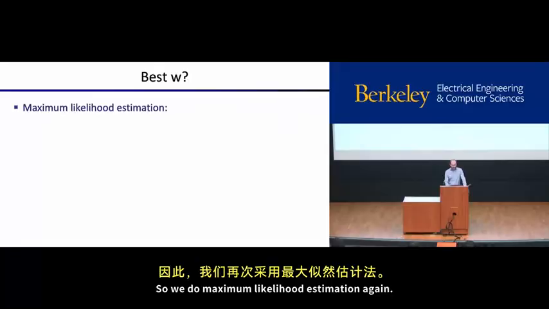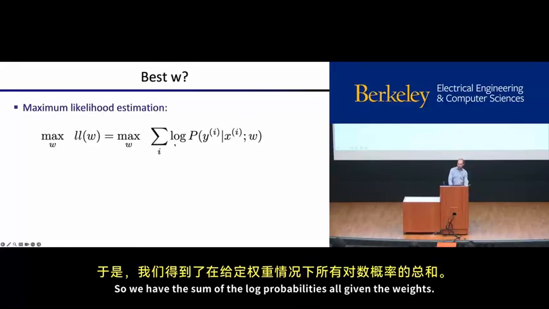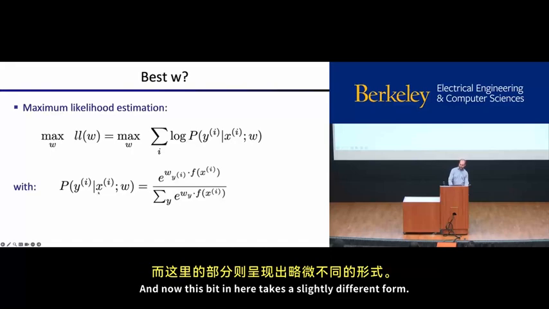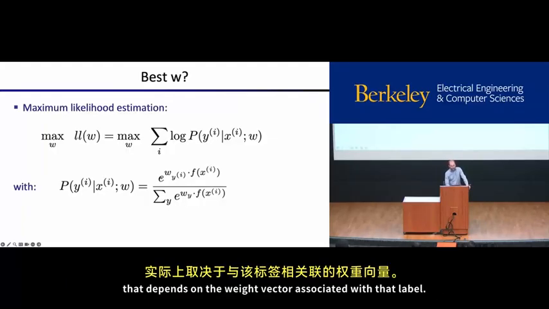So we do maximum likelihood estimation again. So here's our log likelihood function given our weight vector. So we have the sum of the log probabilities all given the weights. And now this bit in here takes a slightly different form. The probability that we get a given label at a given data point depends on the weight vector associated with that label.